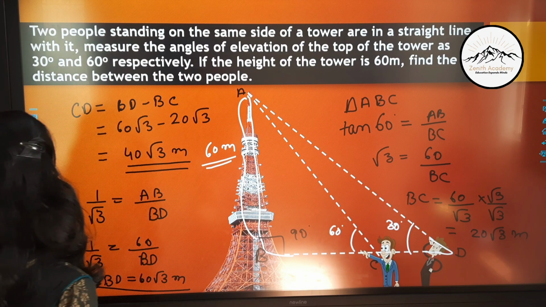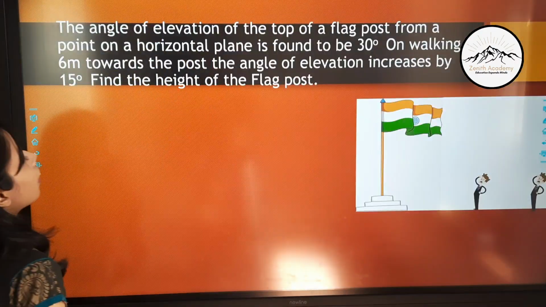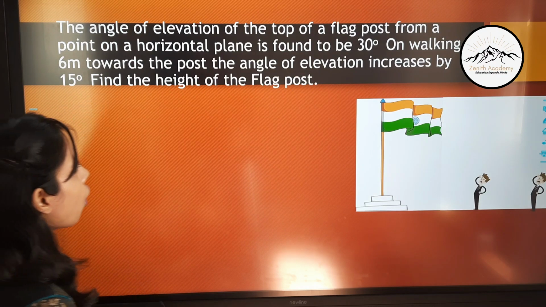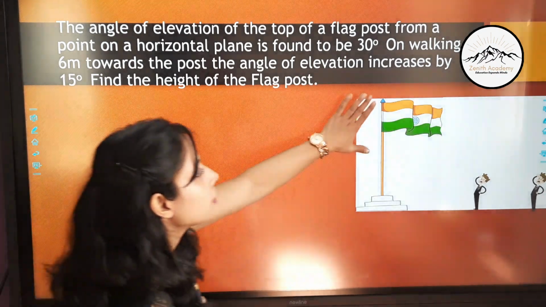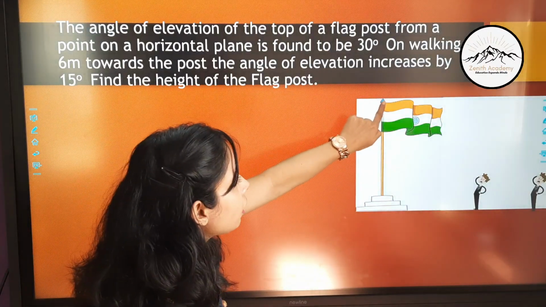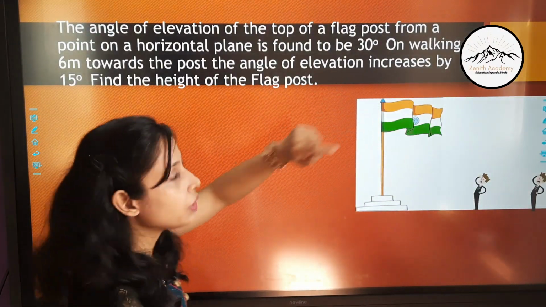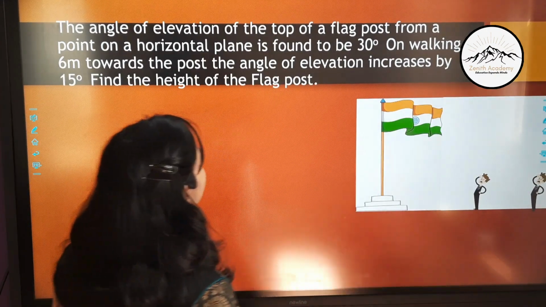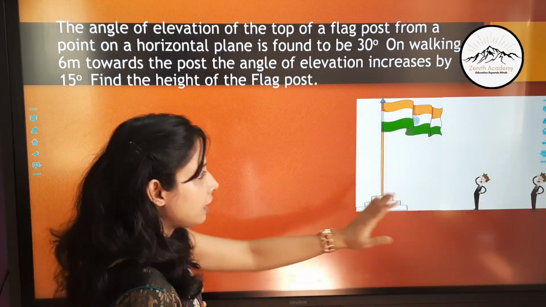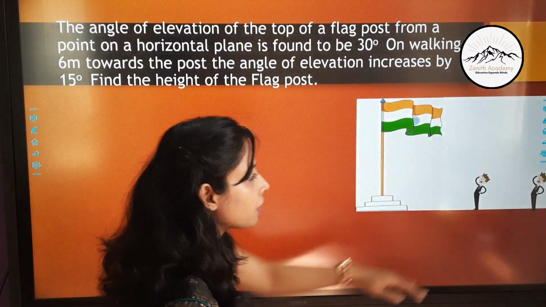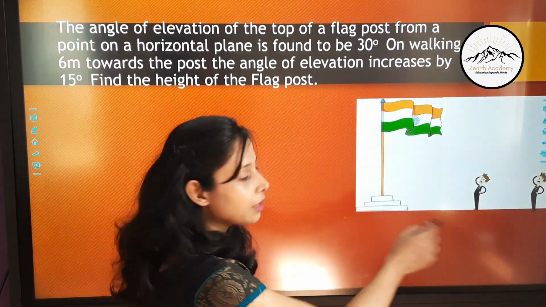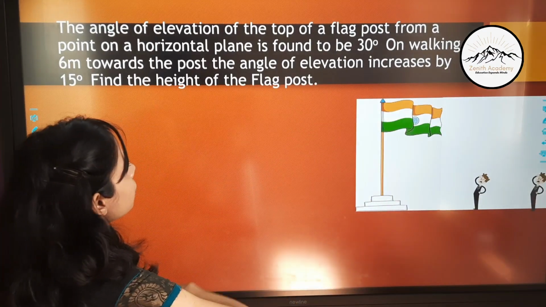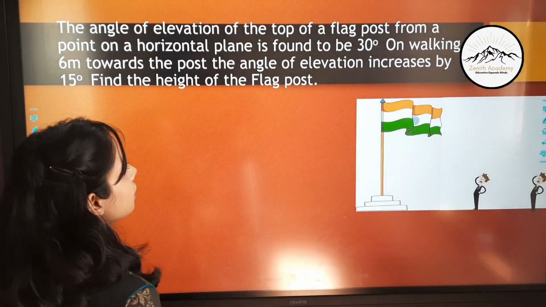Let's solve another question. The angle of elevation of the top of a flag post. This is our flag post. The angle of elevation of the top of the flag post from a point on a horizontal plane is found to be 30 degrees. Let's suppose on this horizontal plane a person is standing and from his line of sight the angle of elevation first is found to be 30 degrees.